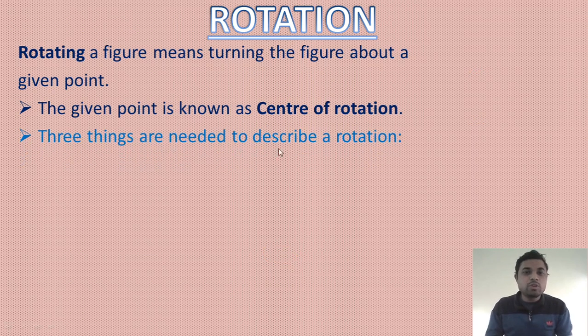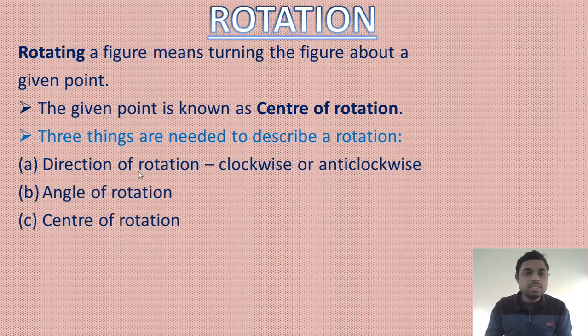Three things are needed to describe a rotation. What? First is direction of rotation, that means in which direction it rotates, clockwise or anti-clockwise. Next, angle of rotation. Suppose this is a ray, when it rotates anti-clockwise and this is the final position, what is the angle of rotation? Is it clear? Next, center of rotation. When this ray rotates, which point is fixed?